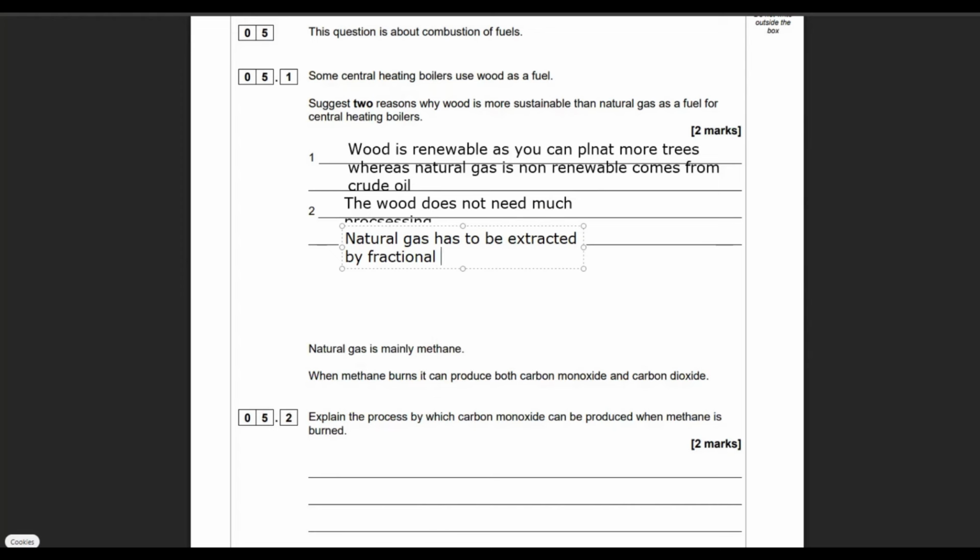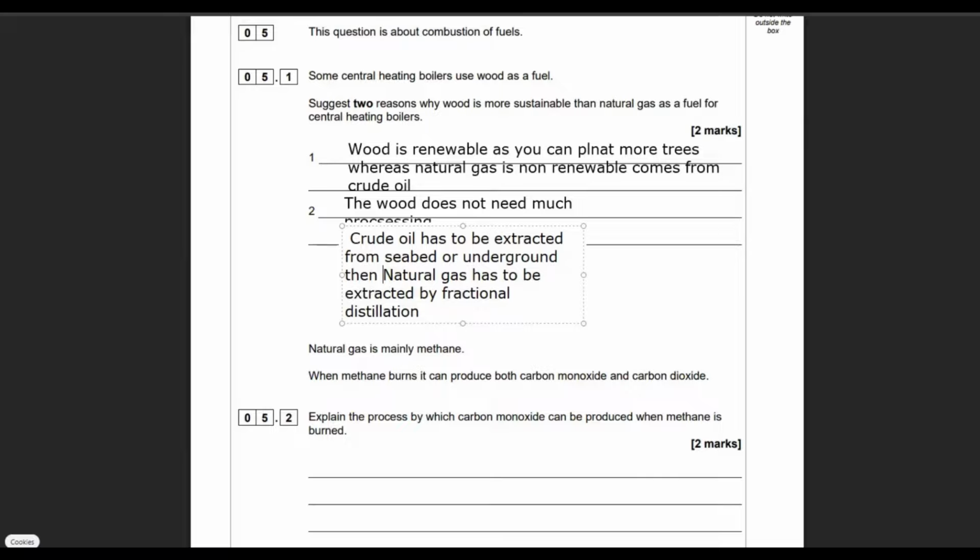First of all, we could say crude oil has to be extracted from the seabed or underground.